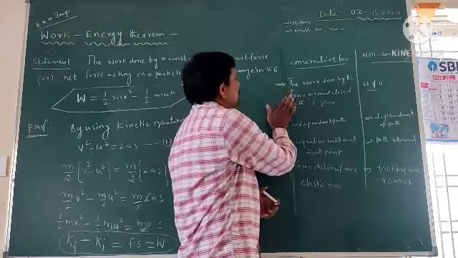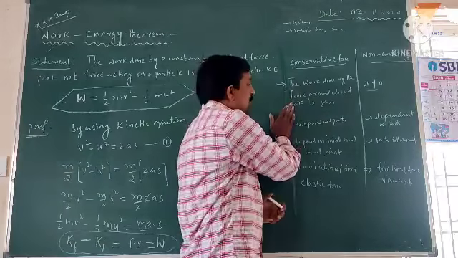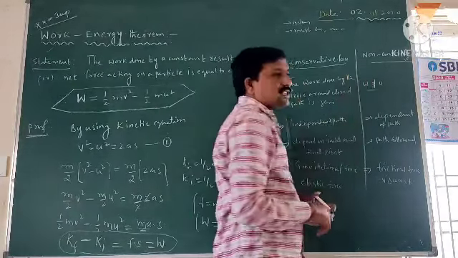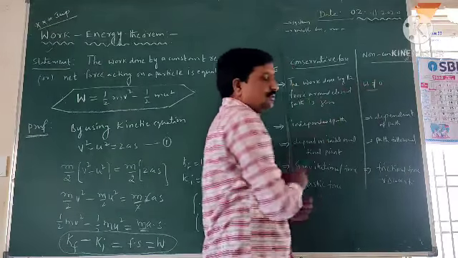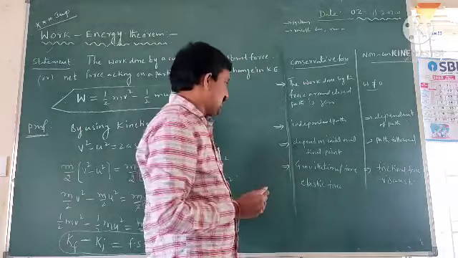In the case of conservative forces, the work done by a closed path is equal to 0. In the case of non-conservative forces, it is not equal to 0.